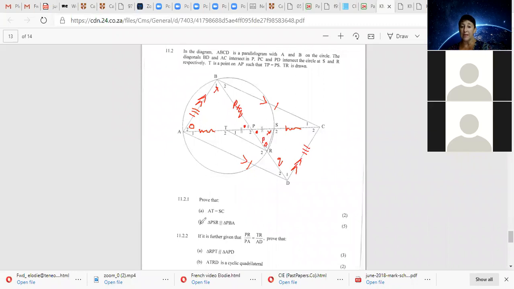Okay, so remember what I said. Even though they're not asking you for any ratio here, you write it anyway. Why? Because the question continues. You might use that information here, and I'm pretty sure that you do.